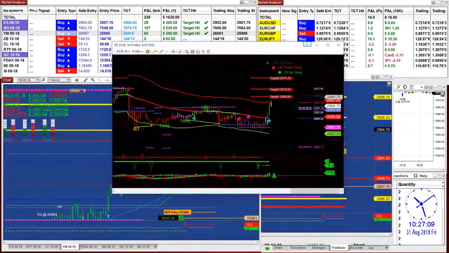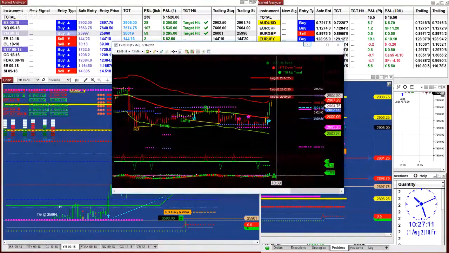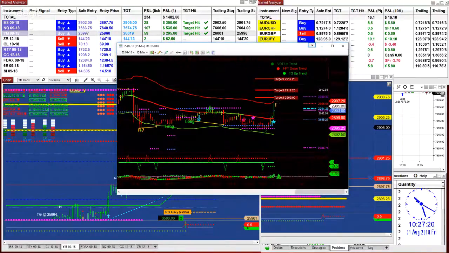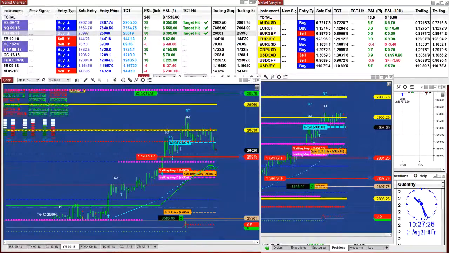You can use those targets on 1 minute. The Renko bar chart is still the same number, folks. You get the same number. But we hit the target on the first 2 hours. Profit taking, pulling back a little bit. That's all we have at the moment. So we will see.